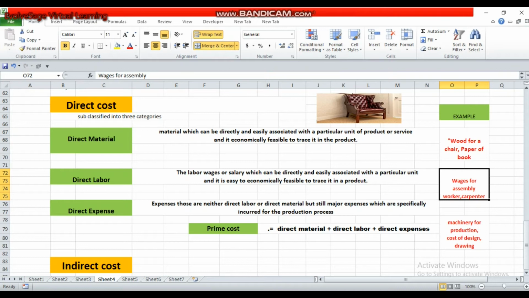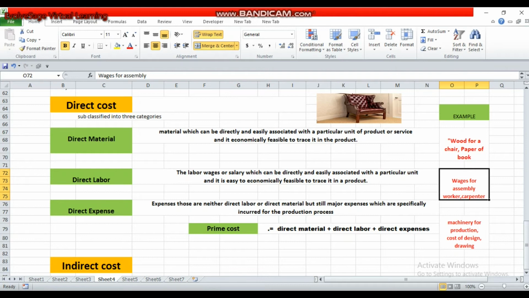Why? Because they are directly involved in the production process, and the amount which we paid them can easily be traced to a specific production unit. So that's why their paid amount will be called direct labor cost.